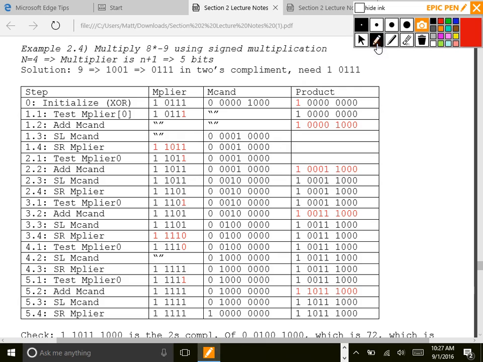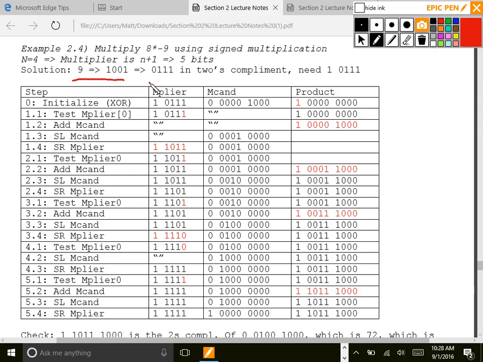So in this case, we are multiplying 8 times negative 9 using signed multiplication, right? So n is 4, so the multiplier is n plus 1, which is 5 bits. The multiplier is 9 here, but it's also negative 9.